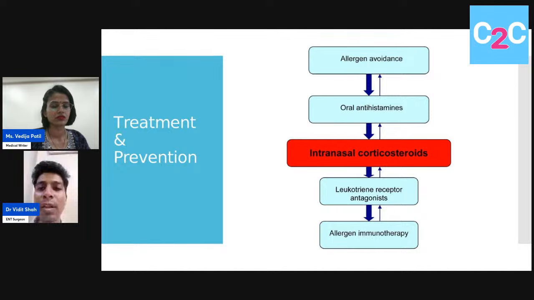We always tell patients that when we have the option of newer generation antihistamines or anti-allergic medications, which don't cause drowsiness to a large extent, then why should you go for a cetirizine? That's the only debate a patient has with us, that they feel relief with cetirizine.